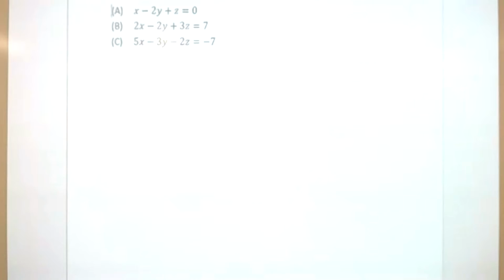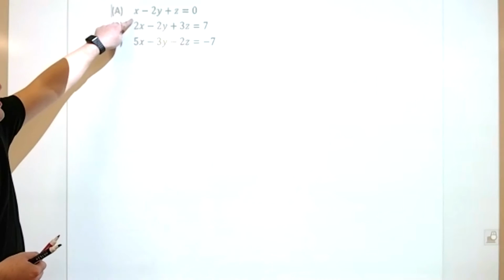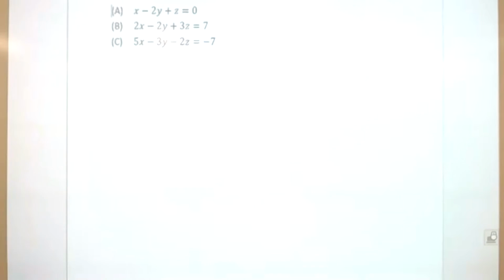Right away, two things are jumping out at me. I see that in equation A, I've got 1x and I've got 1z. Those jump out at me because I love to see when I have just a single x or a single y or a single z, because then I can multiply that equation by whatever I need to in order to match with another equation.